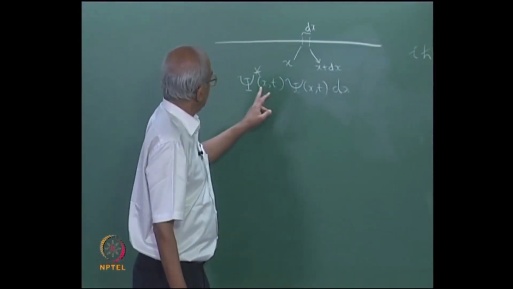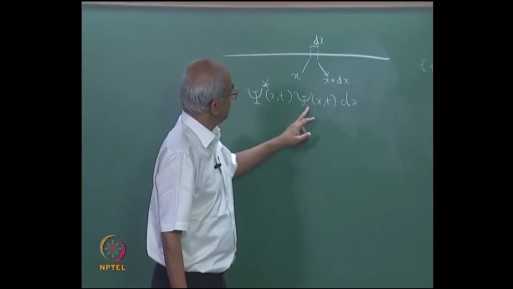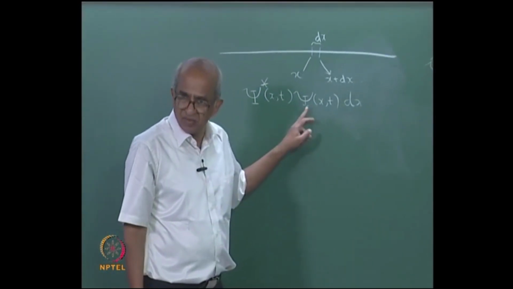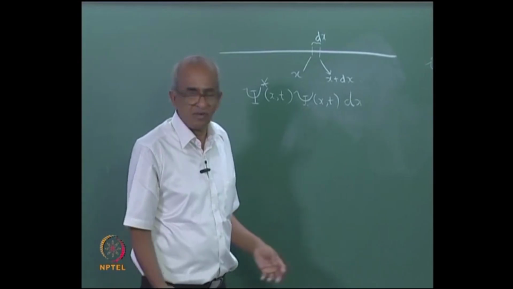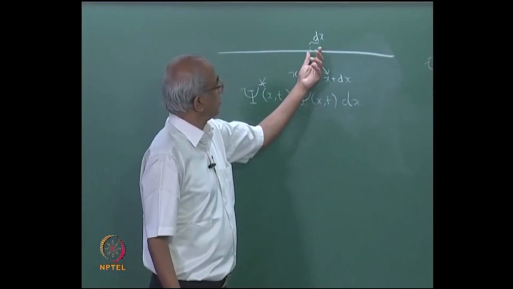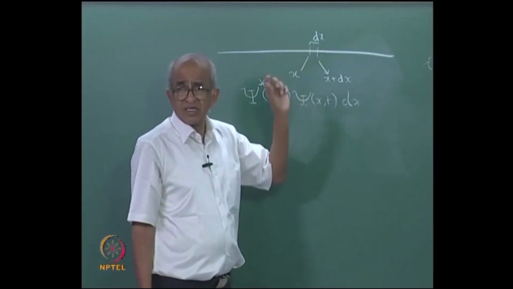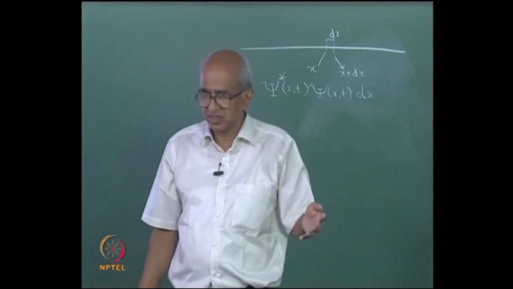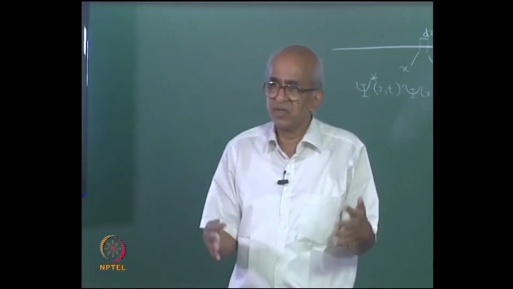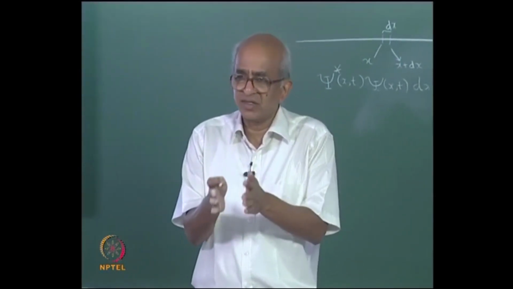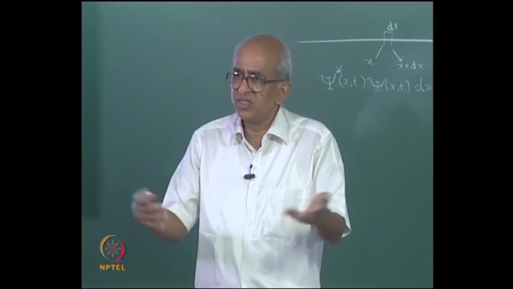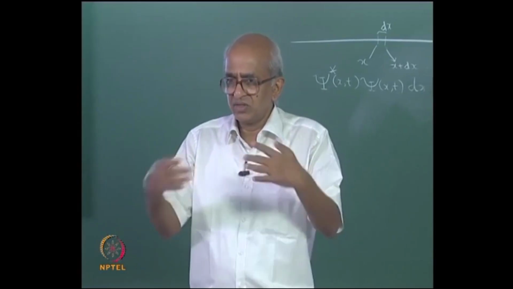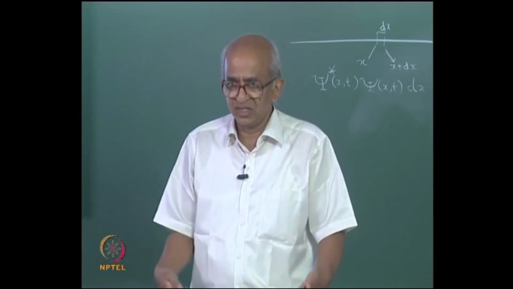So, naturally you would expect that psi star psi will also be a function of time, and therefore, the probability of finding the system in this interval we would expect will change with time. That is the general situation. In general, the probability of finding the system in this small interval will go on changing as time passes, because the state function is changing.